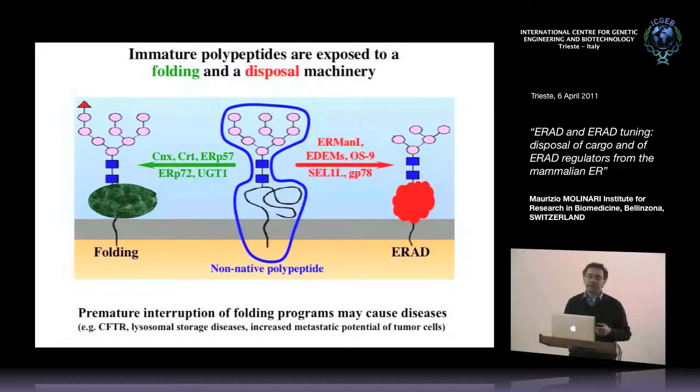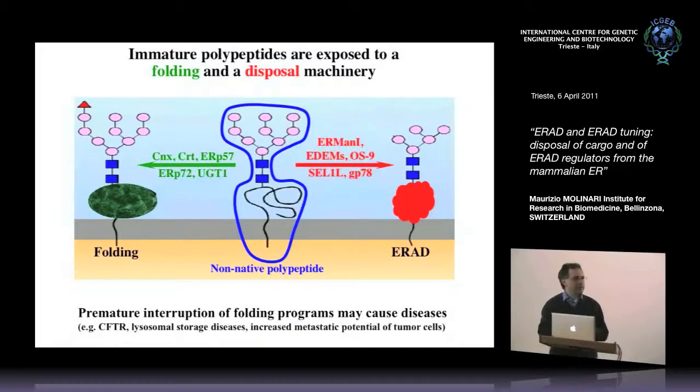For example, in cystic fibrosis, you have a very complex protein synthesized in the endoplasmic reticulum, a multi-spanning protein, 1,500 residues. And in the most frequent case of cystic fibrosis, there is just one residue which is missing, a phenylalanine at position 506. The paradox is that the protein without this phenylalanine is fully functional, but the quality control system of the endoplasmic reticulum understands that there is something wrong.